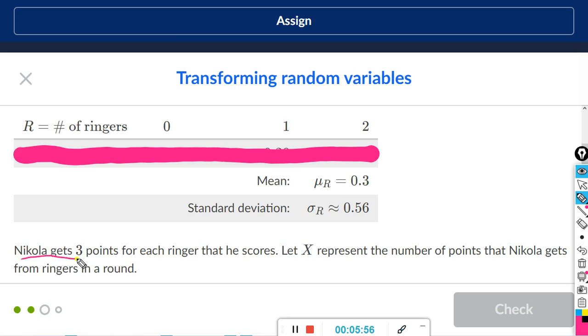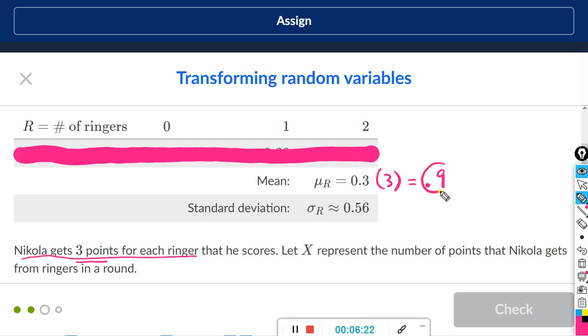Nikola gets 3 points for each ringer that he scores. Let X represent the number of points that he gets for ringers in a round. R is the number of ringers, and he gets 3 points for each one. So for the mean, we're just going to multiply it by 3. 0.3 times 3 is just 0.9.